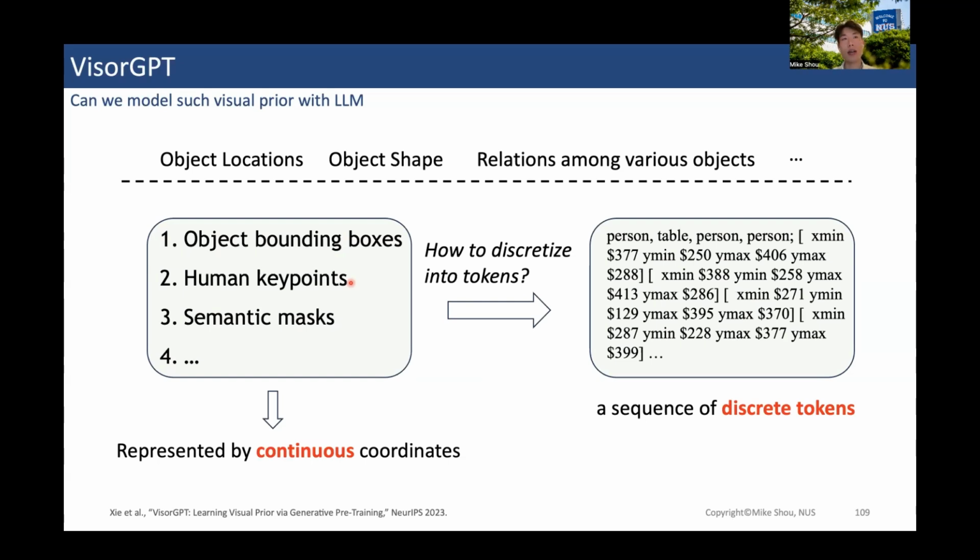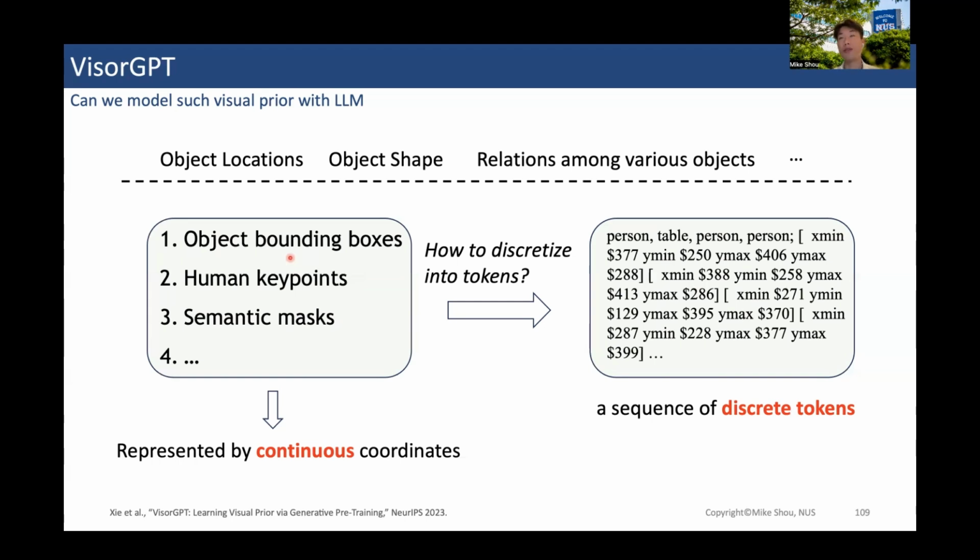So the question is, we can perhaps learn this prior information, how it is distributed in the real world. But the issue is that all of this is in the image domain, in a 2D image representation. So how can we turn it into something that can be read by the LLM, which takes discrete tokens? For the object bounding box, I suppose that's easier, right?